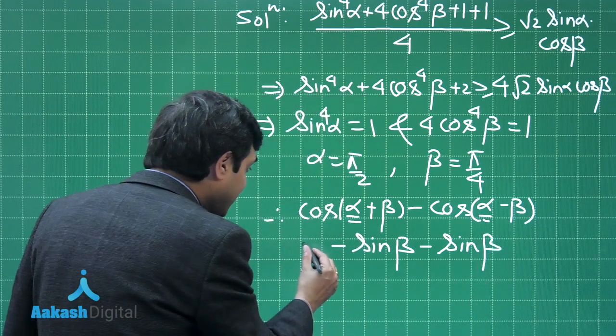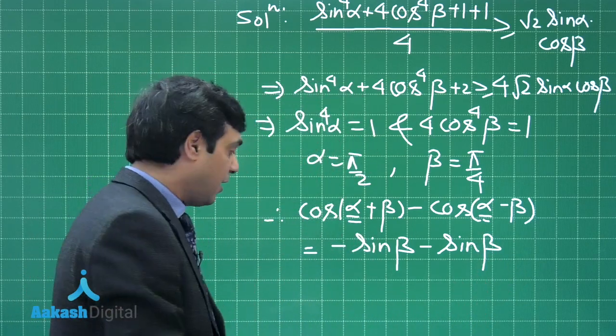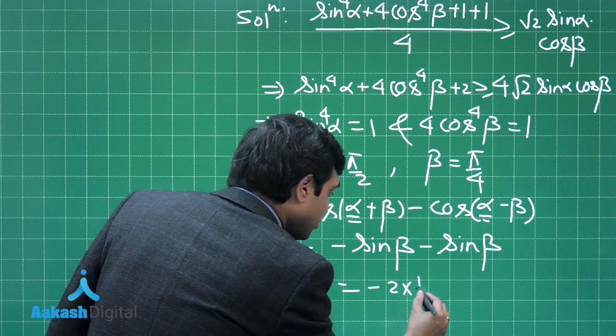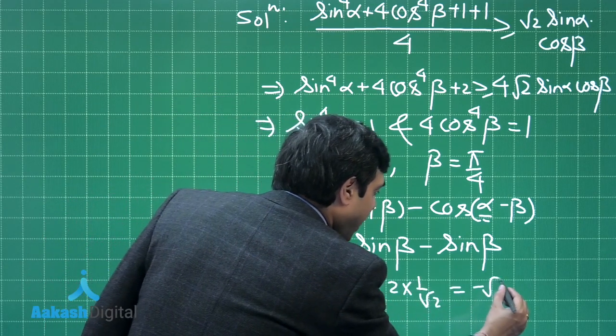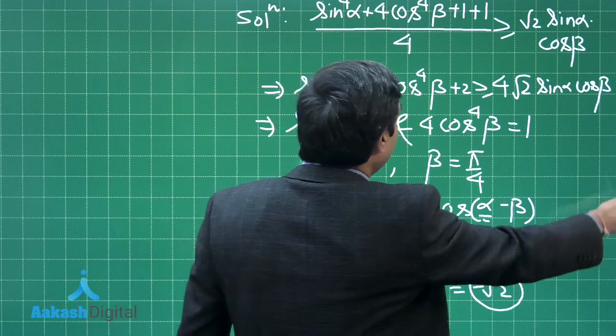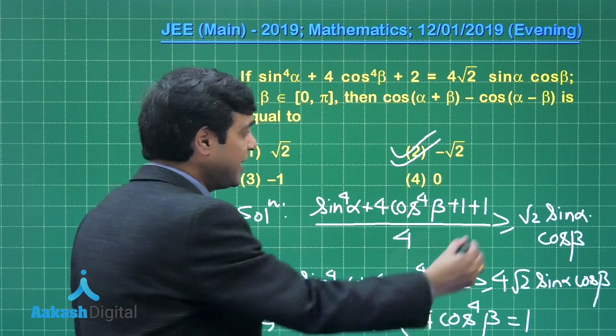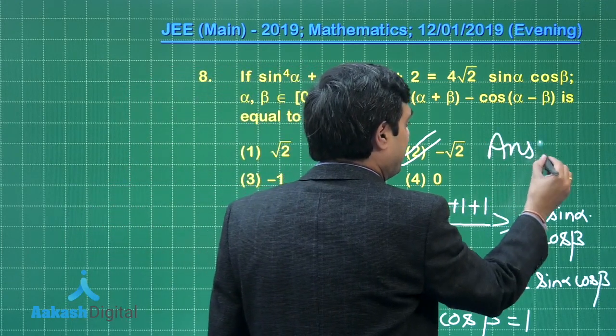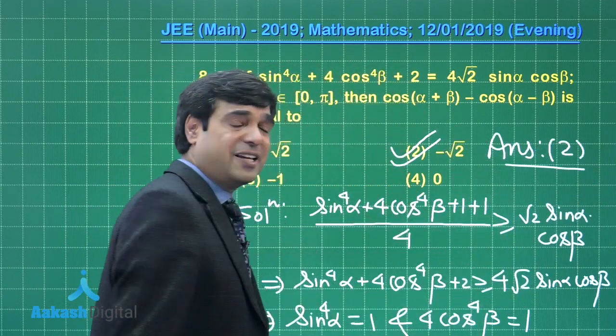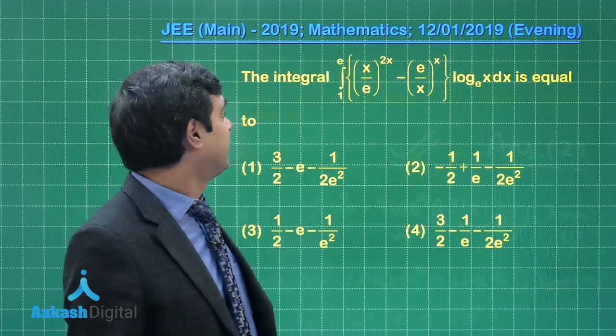So, we have the result -2 sinβ or -2 into 1/√2, simply -√2 as the result. Let us see from the options, -√2. Yes, the correct answer for this question is option number 2. Let us move on to the next question, that is question number 9.